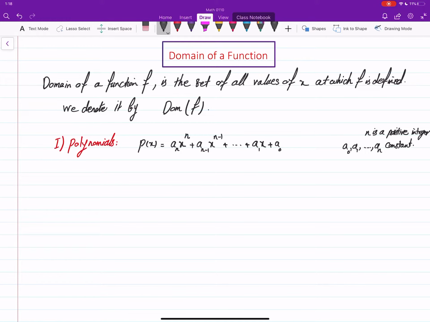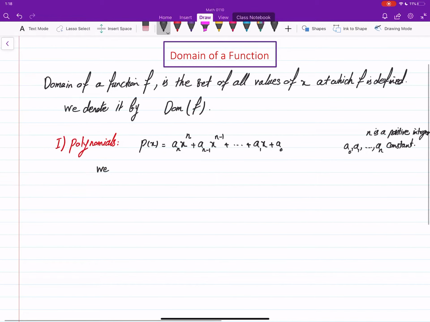So we can evaluate p of x at any real number x. What does that mean in terms of the domain? It means that the domain is equal to the set of all real numbers.